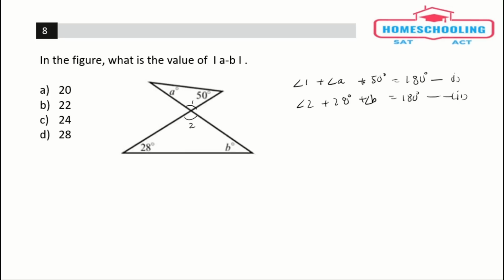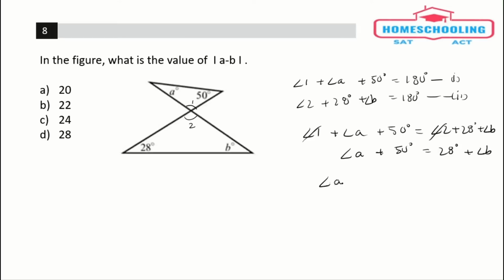From both equations we can write that angle 1 plus angle A plus 50 degrees is equal to angle 2 plus 28 plus angle B. And angle 1 is equal to angle 2 because both angles are vertically opposite, so both angles are the same. So we can cancel them, and now we can write that angle A plus 50 degrees is equal to 28 degrees plus angle B.